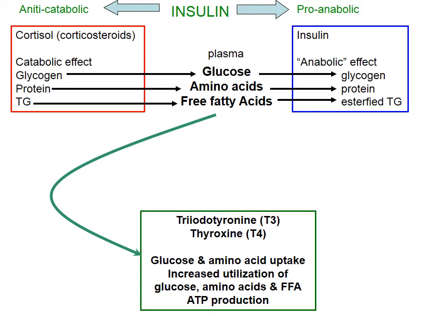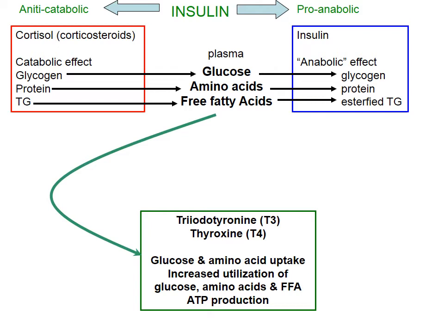So if we look at this, in the red box, cortisol is really a physiological antagonist to insulin. They're not competitive antagonists. They're not working at the same receptors, right? Cortisol has its own receptors. Insulin has its own receptors. But these would be physiologic antagonists.